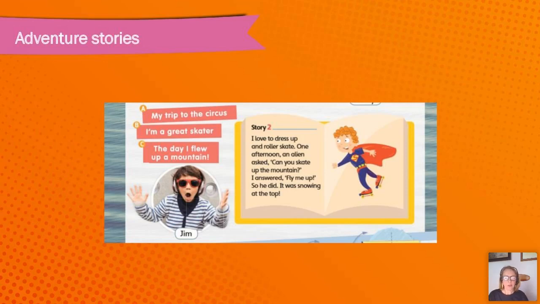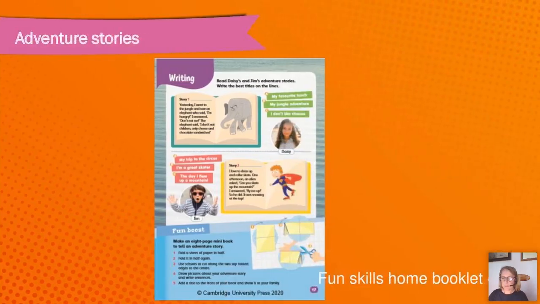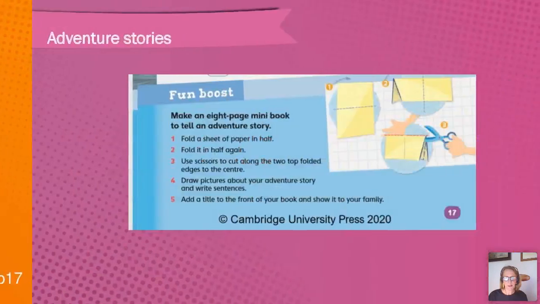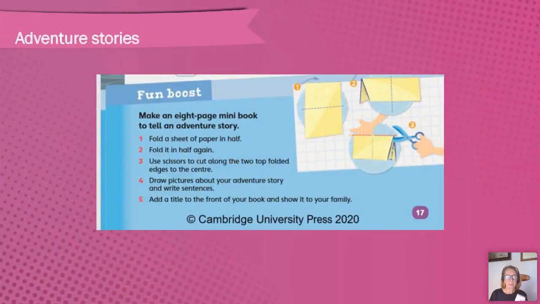So to follow up, learners could make their own adventure story. There are very, very simple instructions. Fold a sheet of paper in half, fold it in half again, use scissors to cut along the edges, and then draw pictures of your adventure story. Now, I'm not sure if you can see it.